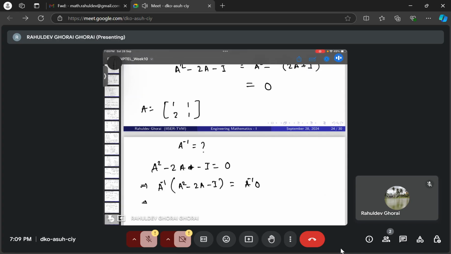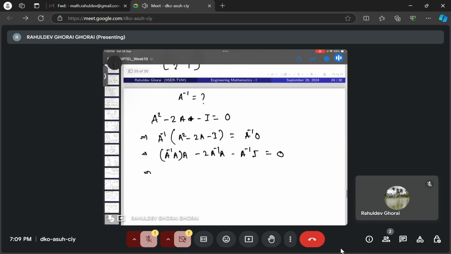That implies A inverse times A times A, that is A, minus 2 times A inverse times A, minus A inverse times identity, is the zero matrix. That implies this will be the identity. So A minus 2 identity will be A inverse. So to find A inverse, you don't need to go anywhere else. You just find out this quantity, then you are done.